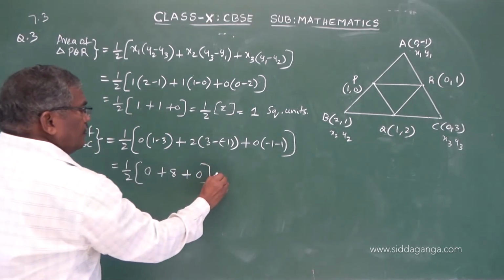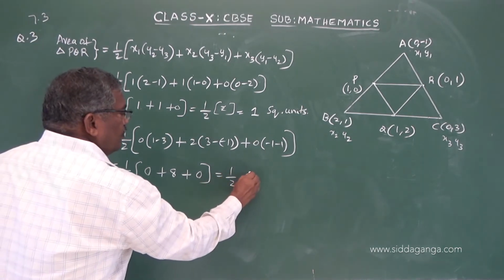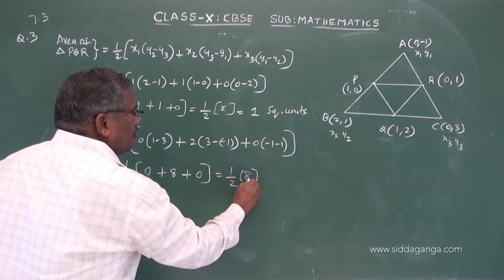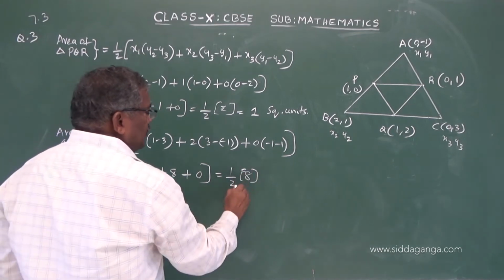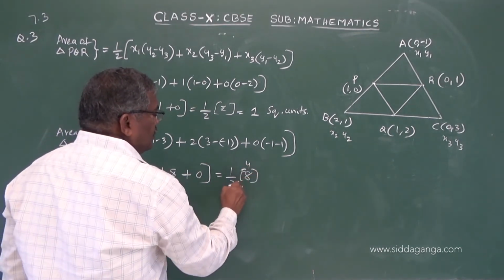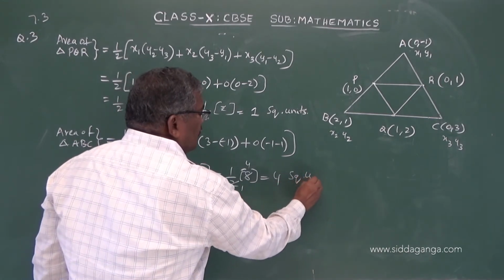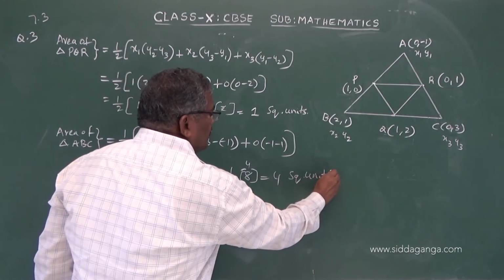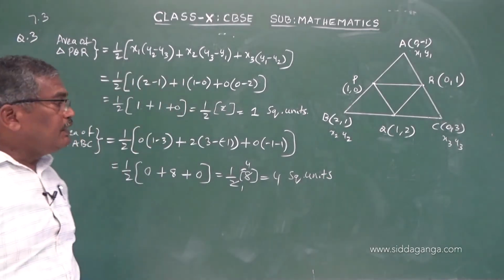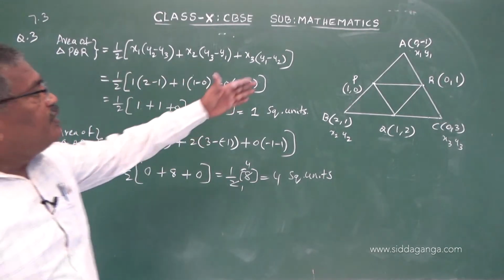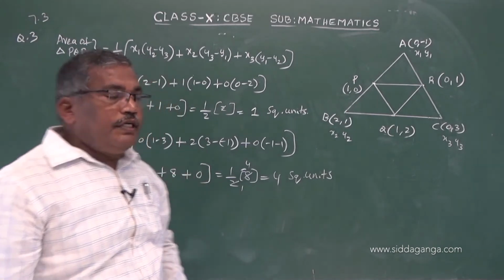So therefore this is 1 by 2 into 8, 2 ones are 2, 2 fours are 8, so therefore 4 square units. So the area of the bigger triangle is 4 square units.